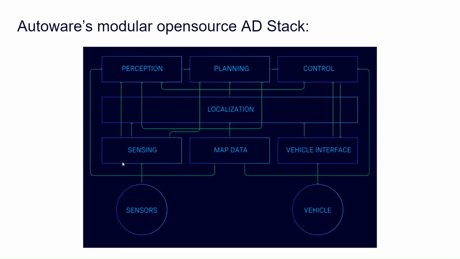Okay, so now we have the sensors. Sensor data is collected, then a perception module kicks in. The perception module keeps track of it. It detects the various objects in the environment. It tracks the objects.